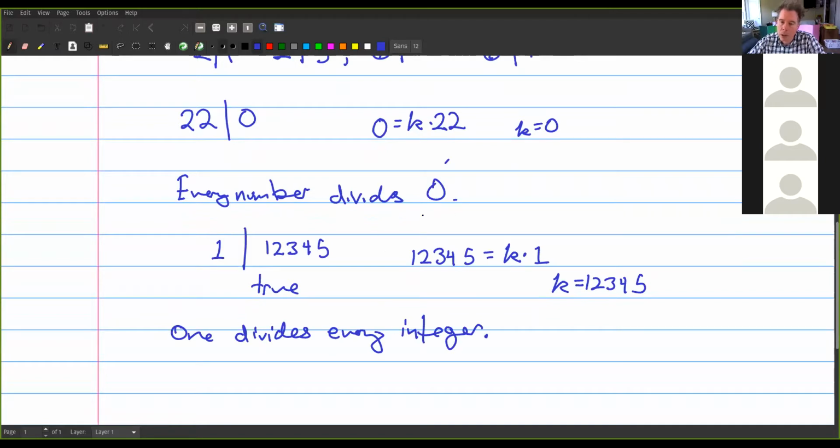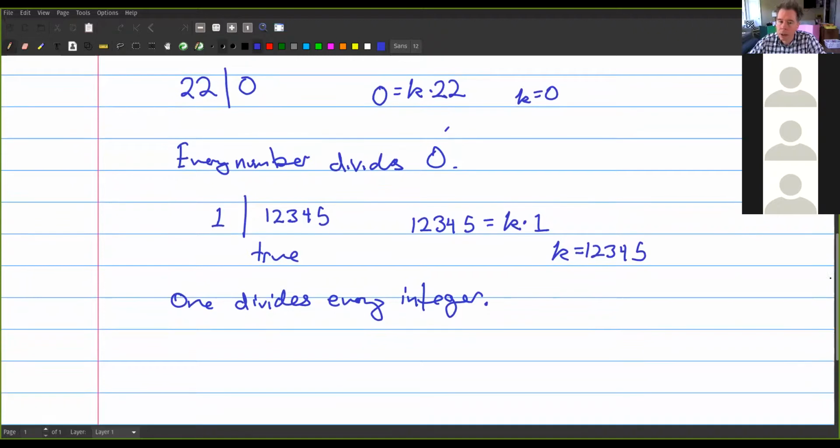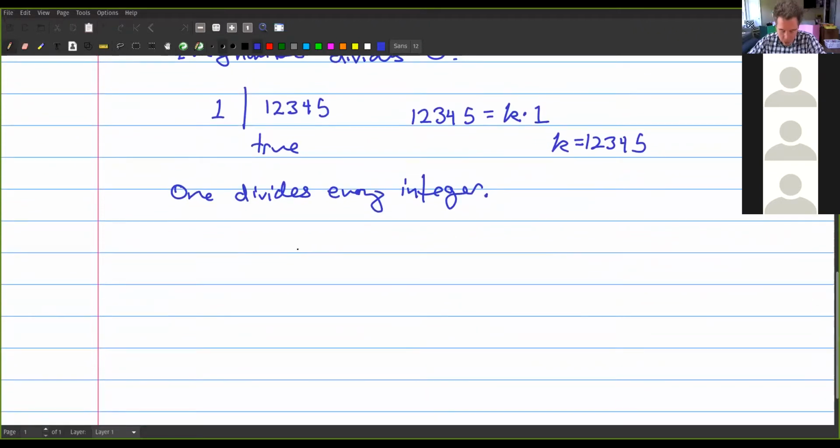Okay, so 0 and 1 are kind of opposites, because, let me write it in notation here. For all integers D, it's true that D divides 0, so every number divides 0.